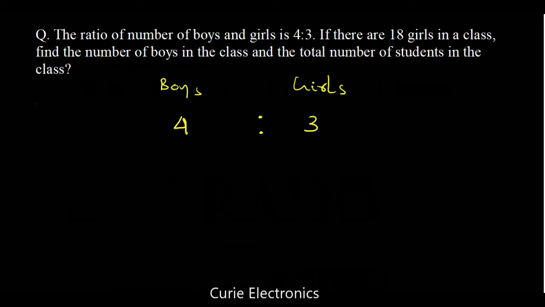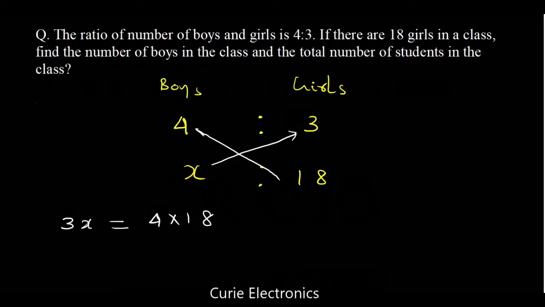Next, what is it saying? If there are 18 girls in a class, how many boys are there? Let us take the boys as x. Now once you have this, you have to do the cross multiplication. If you cross multiply, you get 3x equals 4 multiplied by 18.